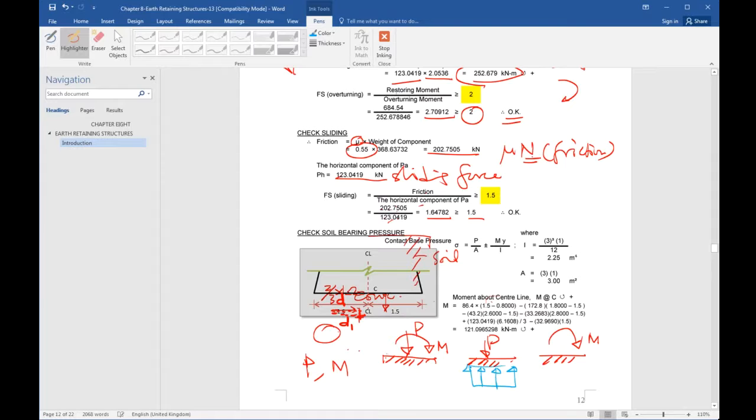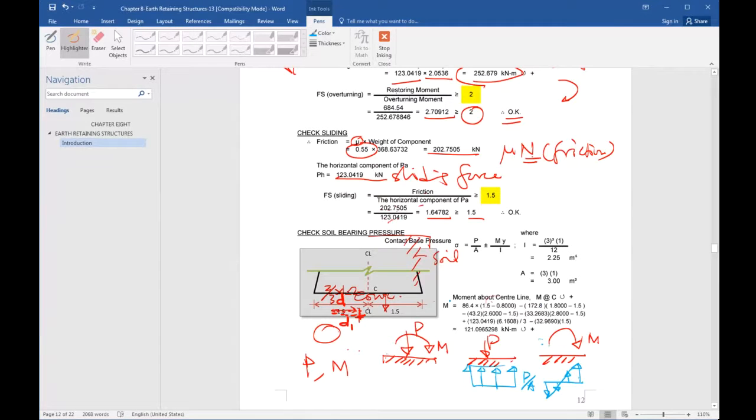P over A. And what about for this one? Here, it gives you a triangular distribution, right?